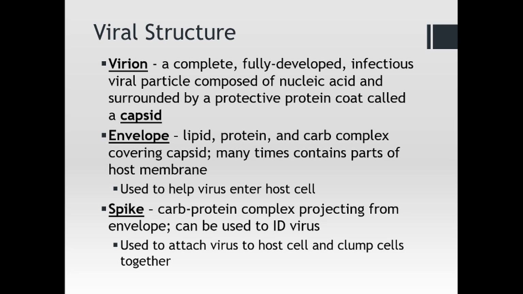And a spike is a carb-protein complex, and we use these spikes to identify the viruses. So, for example, we classify the flu virus like H1N1, H1N2, H2N1, and so on. And so you have all these different naming designations for the flu viruses.